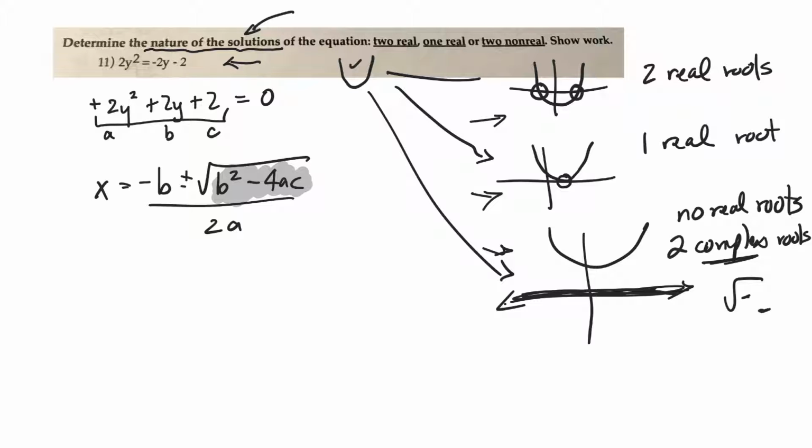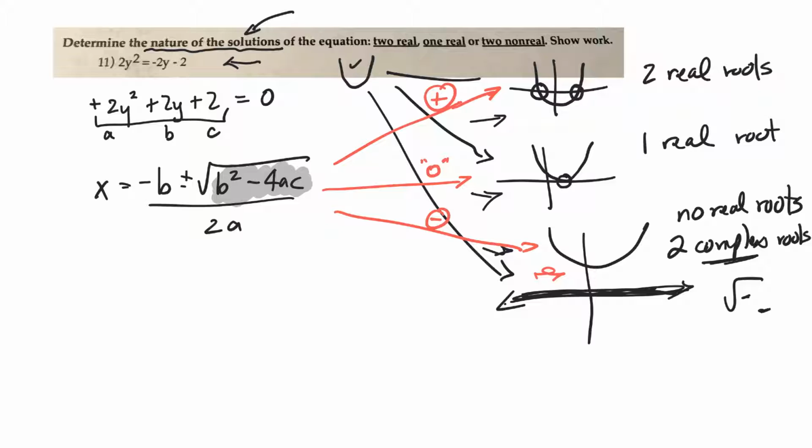And if what's inside the square root sign is a positive number, then it's this one. If it turns out to be 0, it's one real root. And if it turns out to be a negative number, it's this one down here.